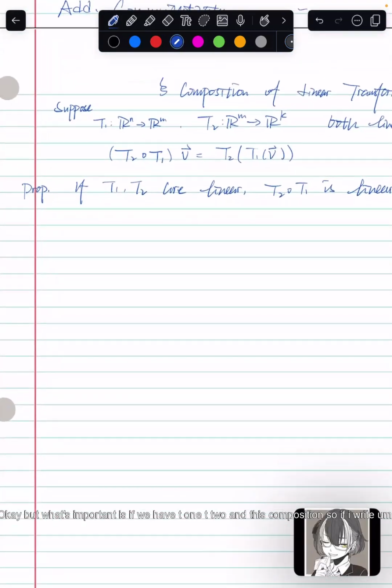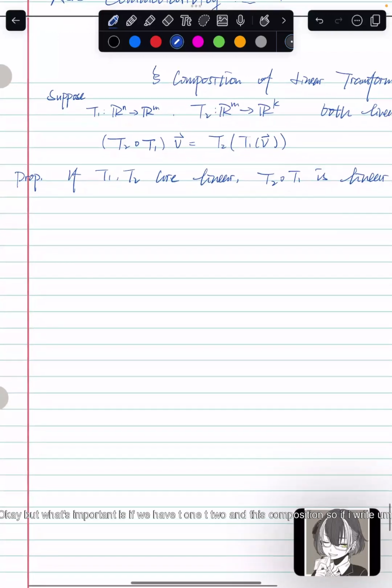But what's important is if we have T1, T2, and this composition.